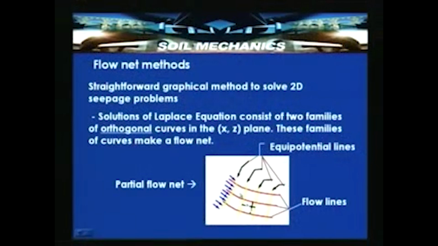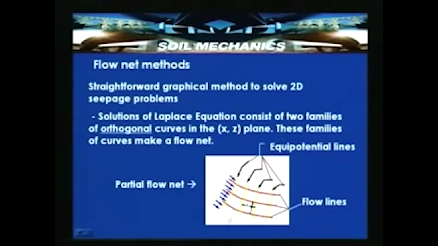Here we have discussed that a flow net is nothing but a family of two lines. One is called a flow line, and the other is called an equipotential line. We have shown a partial flow net here, which has different equipotential lines shown in yellow color, and the red ones show the flow taking place through the soil.